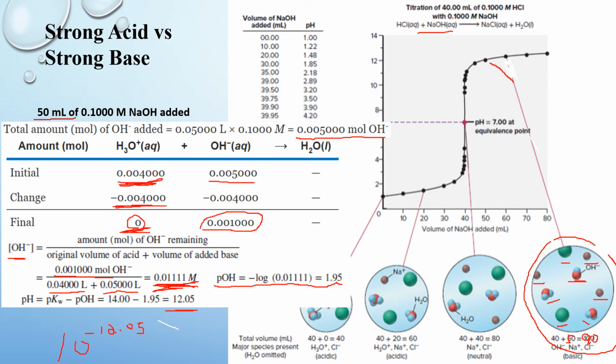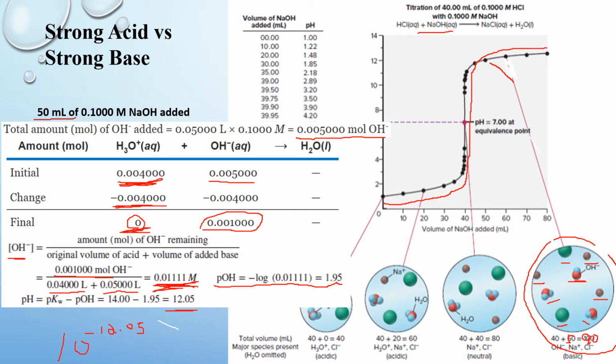For the pH change over the volume of base added, you can see that the pH initially increases very slowly, and then when it's approaching the equivalence point or just past the equivalence point, the change of pH happens very rapidly, and then it slows down again.